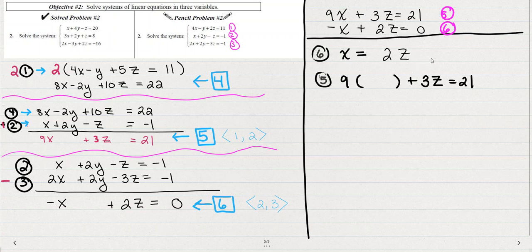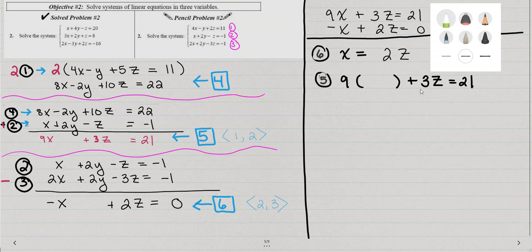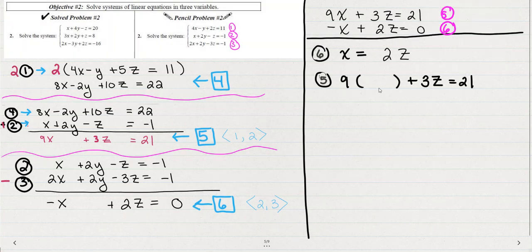And then I could use substitution to substitute 2z in for x in equation 1. So equation 1, 9x plus 3z equals 21, would become 9 times 2z plus 3z equals 21.